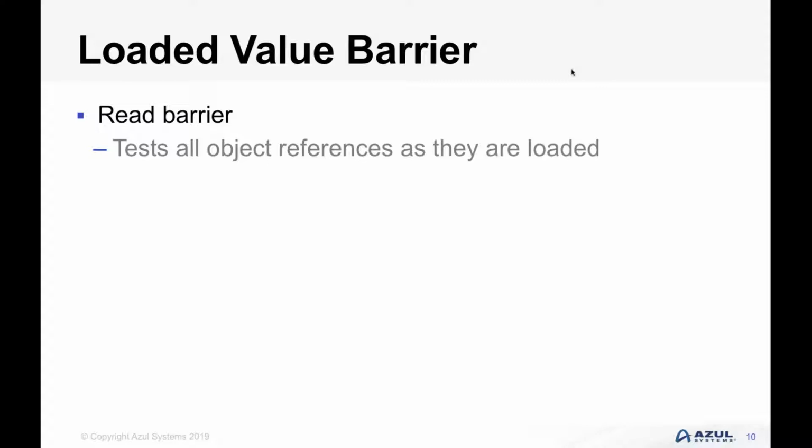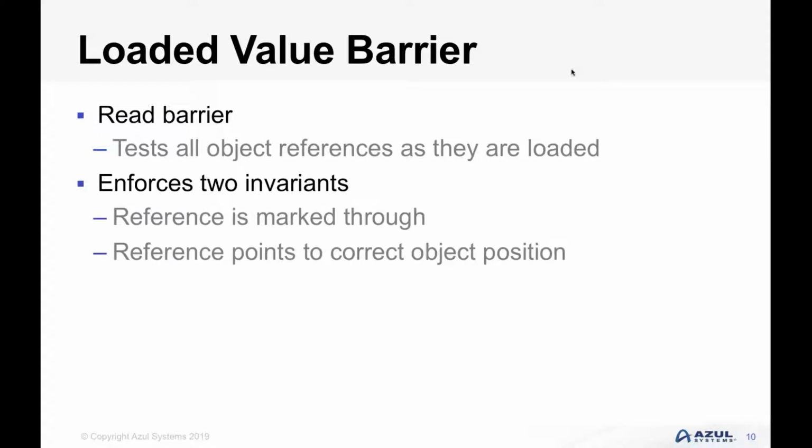Now, a key point about how our algorithm works is what's called a loaded value barrier. And this is what enables us to run the garbage collection fully concurrently with your application threads. The loaded value barrier is essentially a read barrier. So every time you want to access an object, we will intercept that read of the object header, and we will look at what's going on.